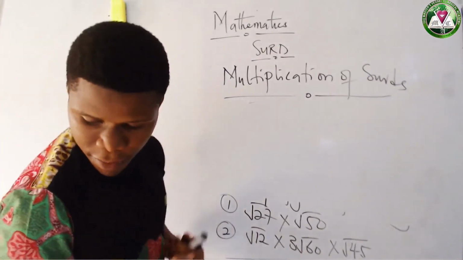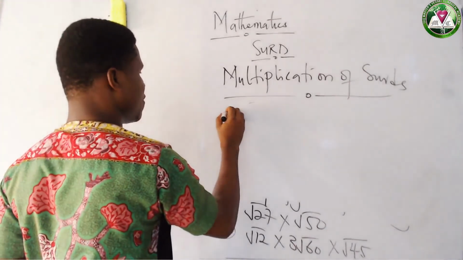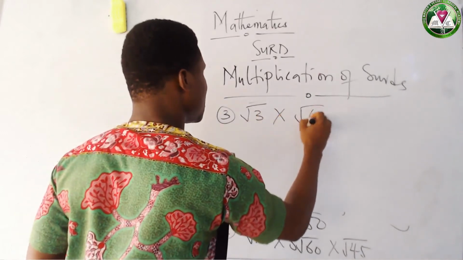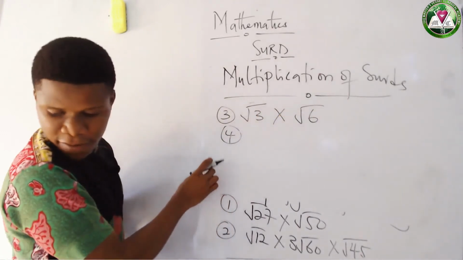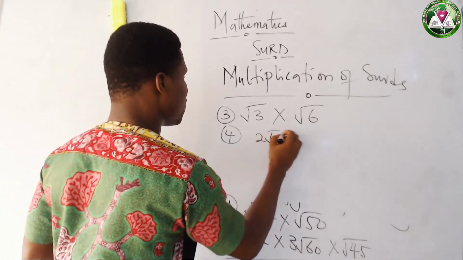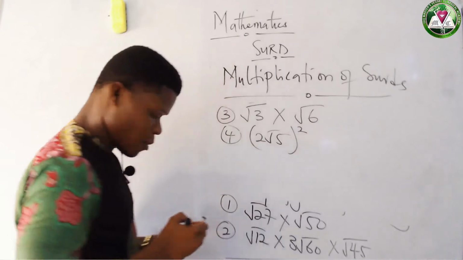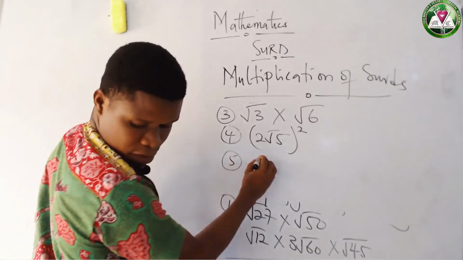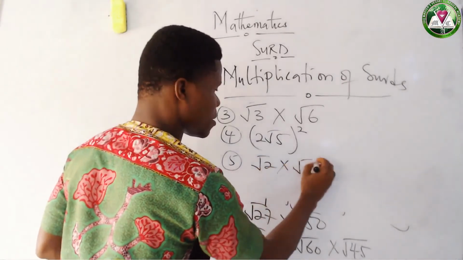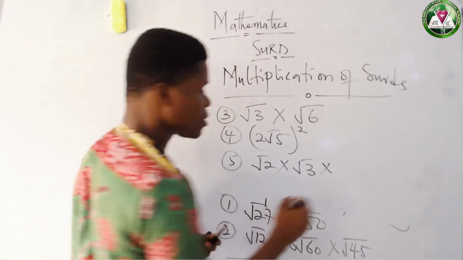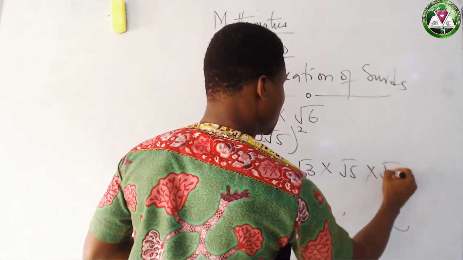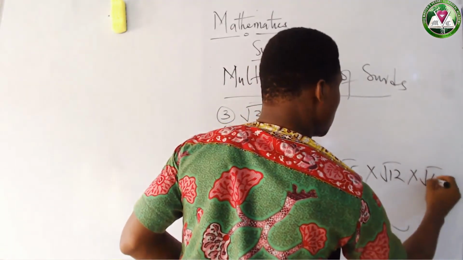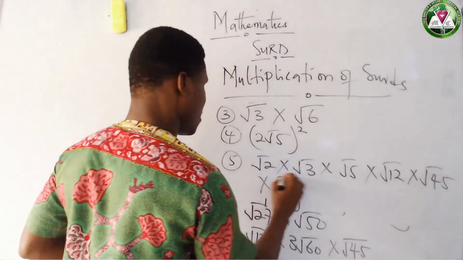We have, let me just give us this one, root 3 times root 6. We have 2 root 5 all square. And finally, we have root 2 times 3 times root 5 times root 12 times root 45 times root 50.